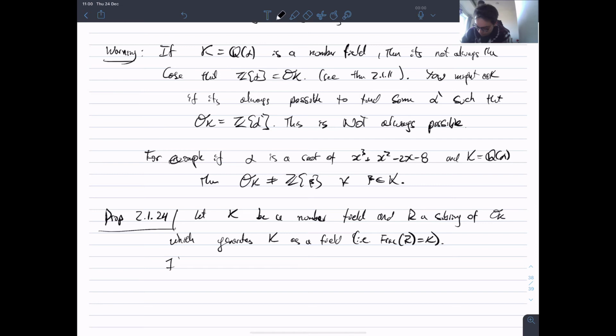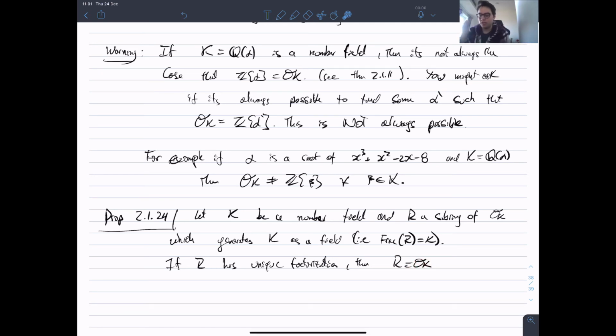Then if R has unique factorization, then R equals O_K. So the only unique factorization ring that you can have is going to have to be the ring of integers.